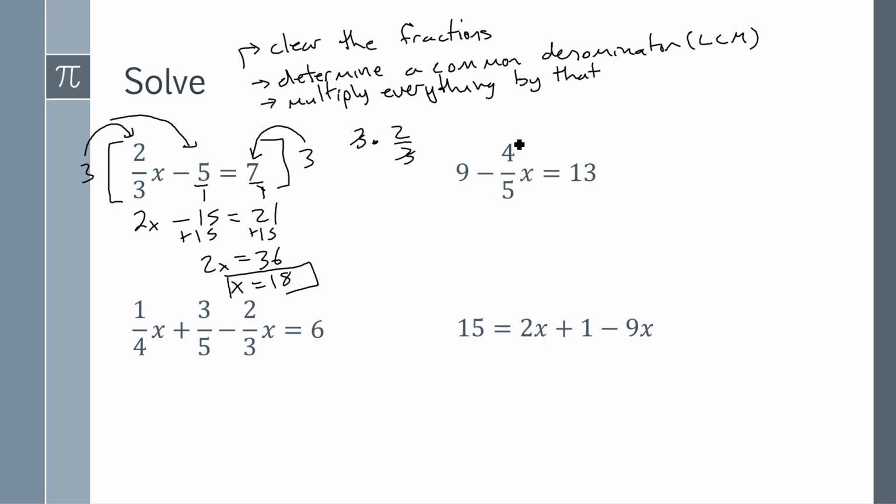Now, if you don't like clearing the fractions, you could do it like normal. So in that case, I'd subtract 9. And I got to remember this is a negative, so this is negative 4/5 x. Now the x is either off to the side or in the numerator. It is not in the denominator, at least not in this case. We have a 4.